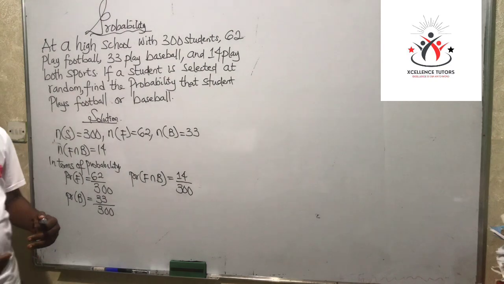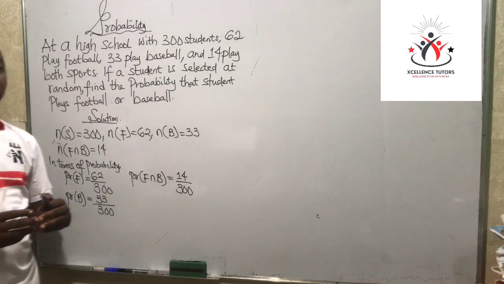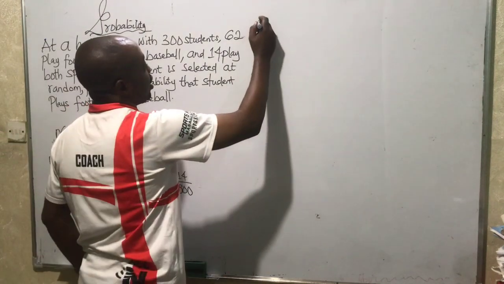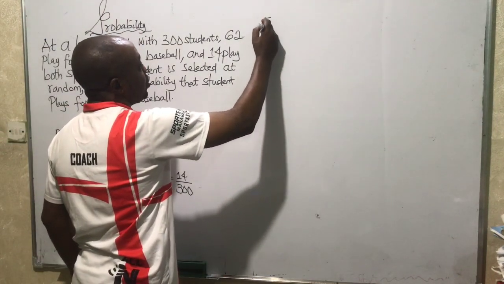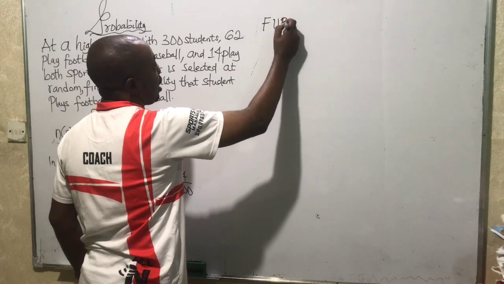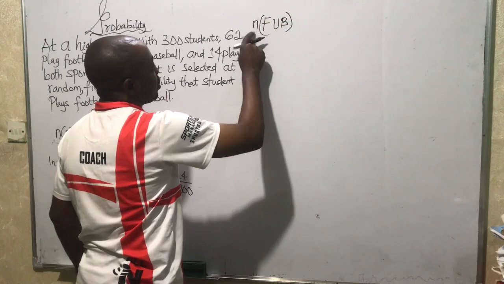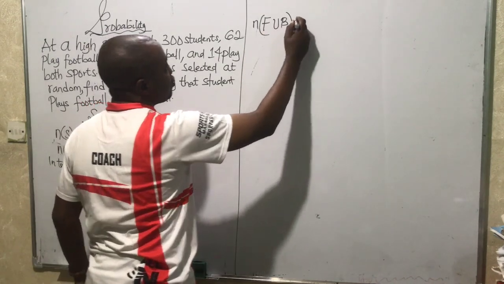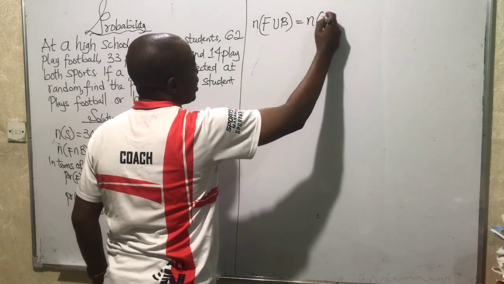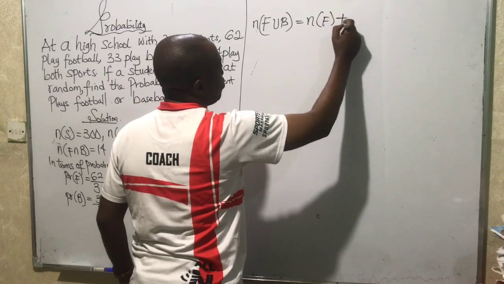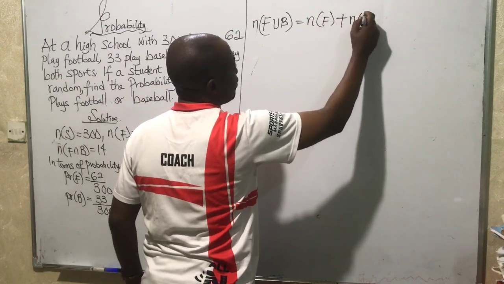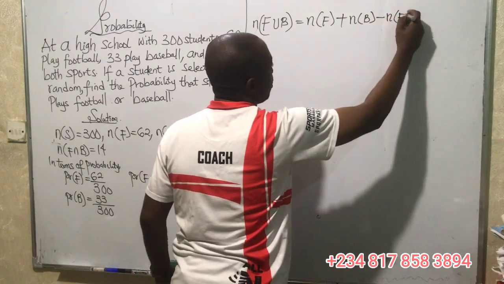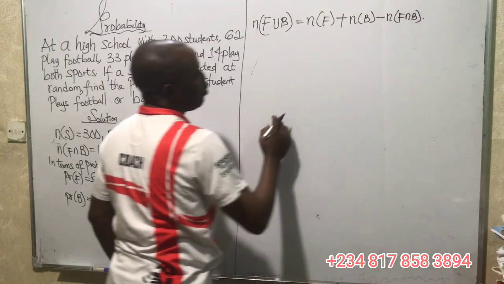We are going to use one of the formulas in set theory: the cardinality of the union of football and baseball equals the cardinality of football plus the cardinality of baseball minus the cardinality of football intersection baseball.